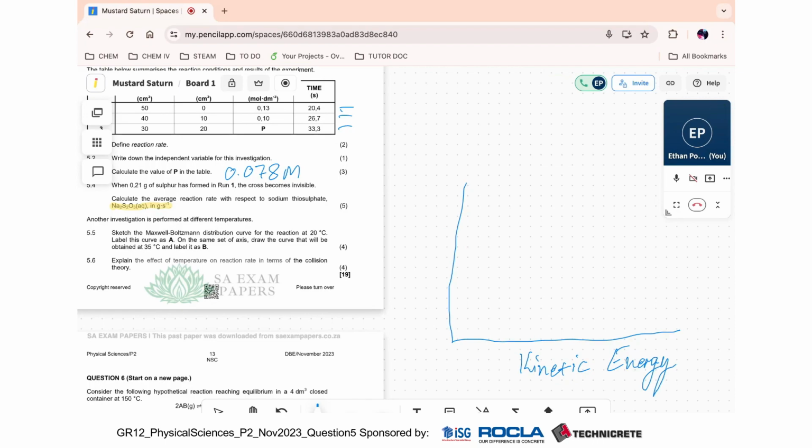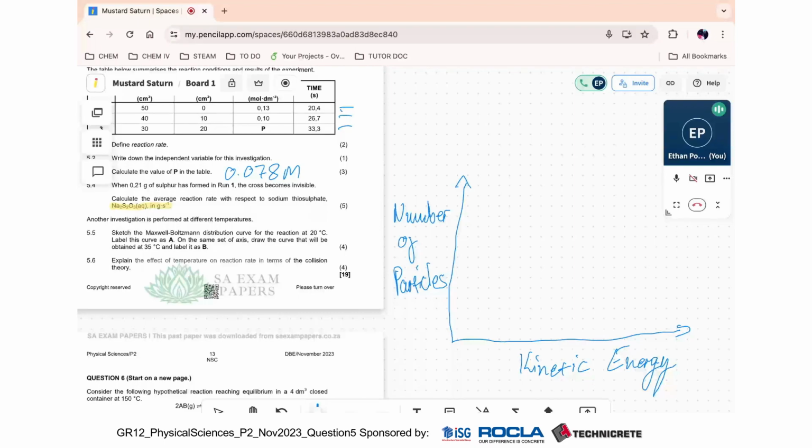And at the top, we have number of particles. I guess sometimes you can also see this done where there's moles, but number of particles is just more direct. So it wants us to sketch the Maxwell distribution for the reaction at 20 degrees Celsius.